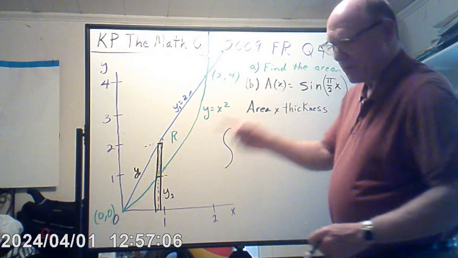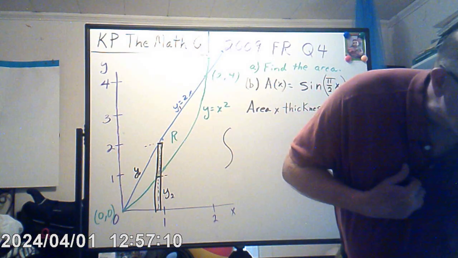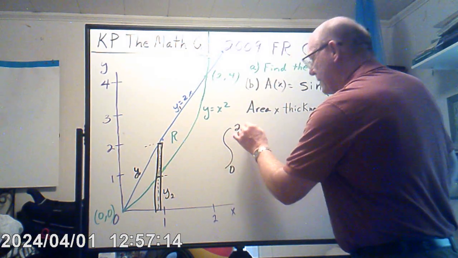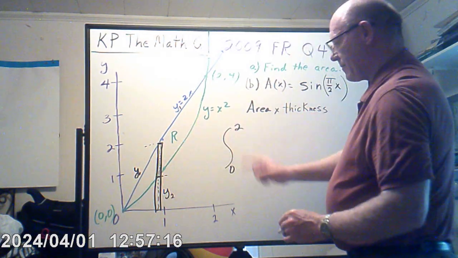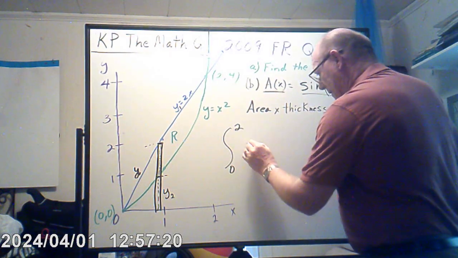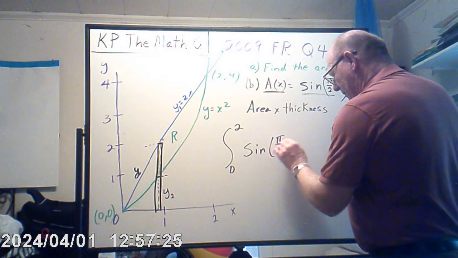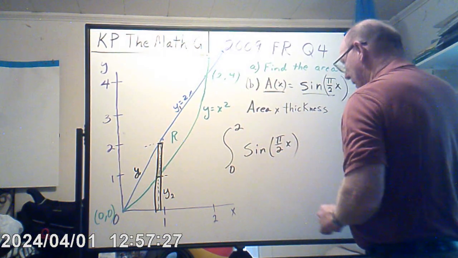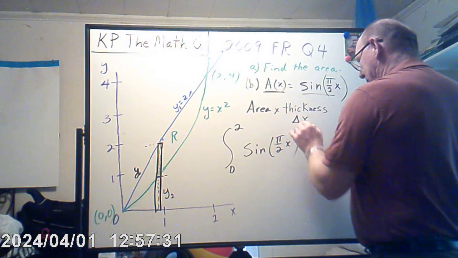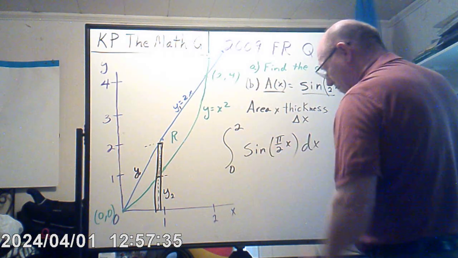We're still going perpendicular to the x-axis, so we're still going from 0 to 2. The area we already know is sine of pi over 2 x, and the thickness is times delta x, so dx. There's your volume right there.